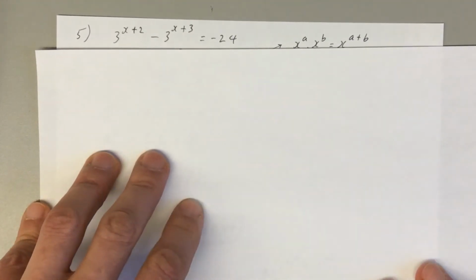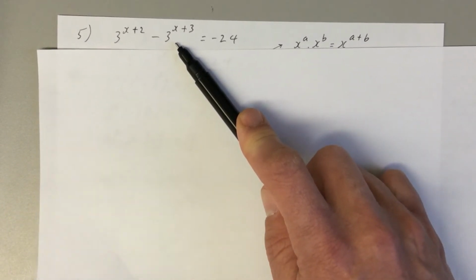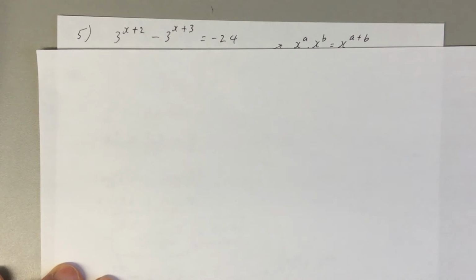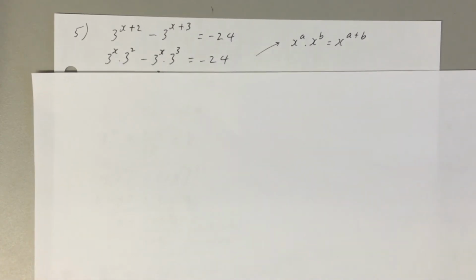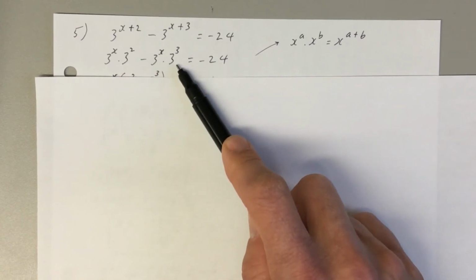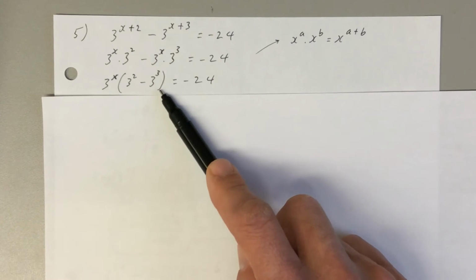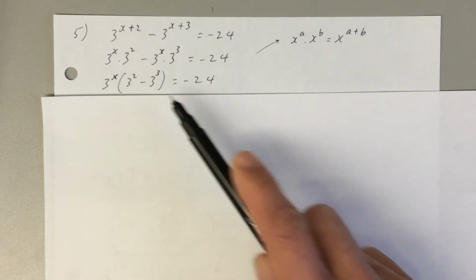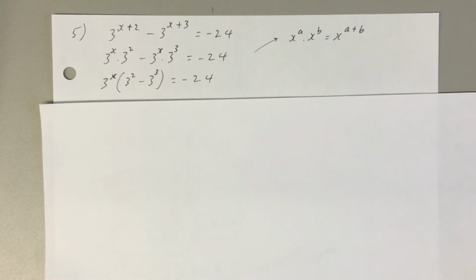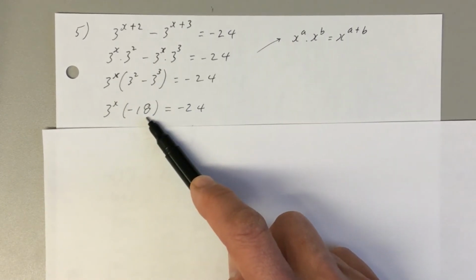Next, we look at this one here. 3 to the x plus 2 minus 3 to the x plus 3 equals negative 24. Same idea. Change that to multiplications. Factor out the 3 to the x, and we've got negative 18 in here.